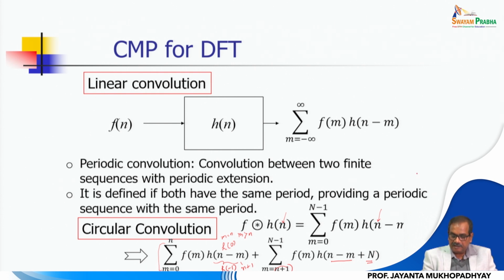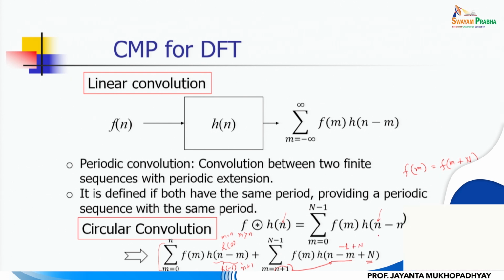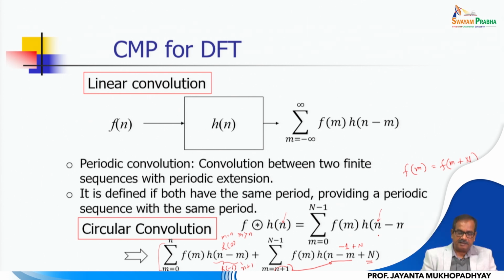You just apply it in the periodic function, as you know that a function is periodic if Fm equals Fm plus n, where n is the length of the period. Similarly, we are just adding plus n. Even after putting m equal to n plus 1, if it is minus 1 and I add n, it becomes n minus 1. So it becomes a positive number again, and the definition of the given sequence Hn is valid there.